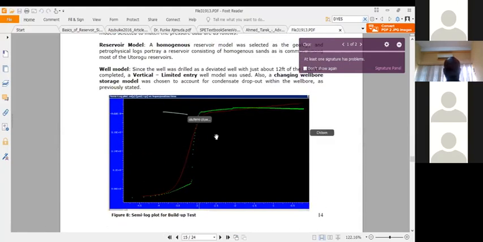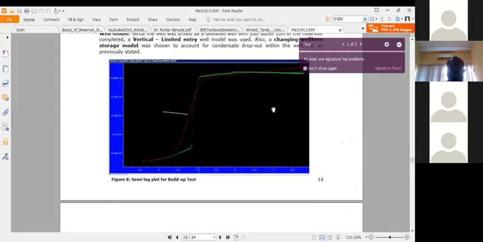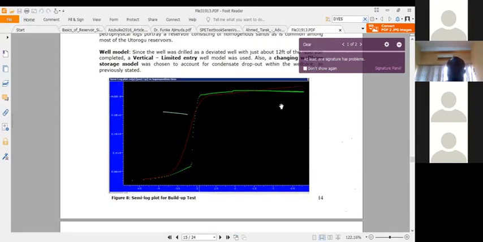So the big question is this now. If you look at this plot and you look at the red line, the big question is what do the different portions of this graph stand for? Even though I've not read through the report, here where I'm encircling, this is infinite acting radial flow.